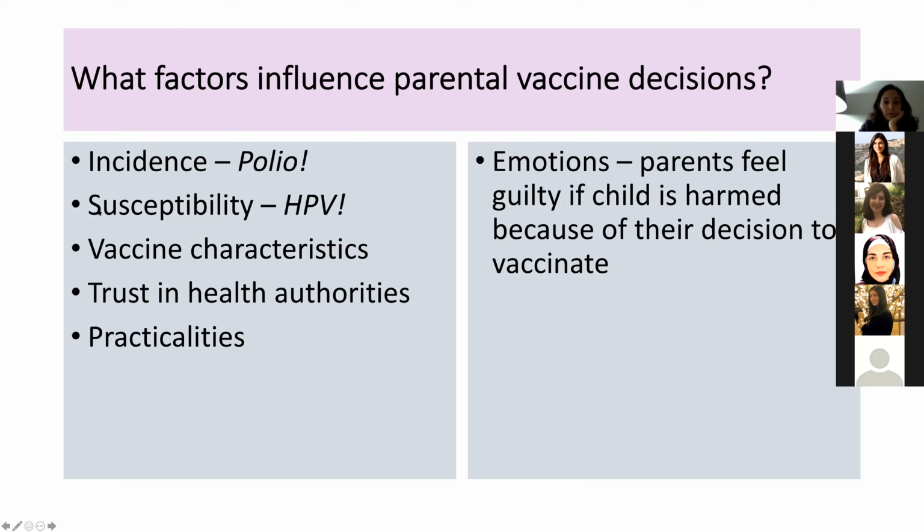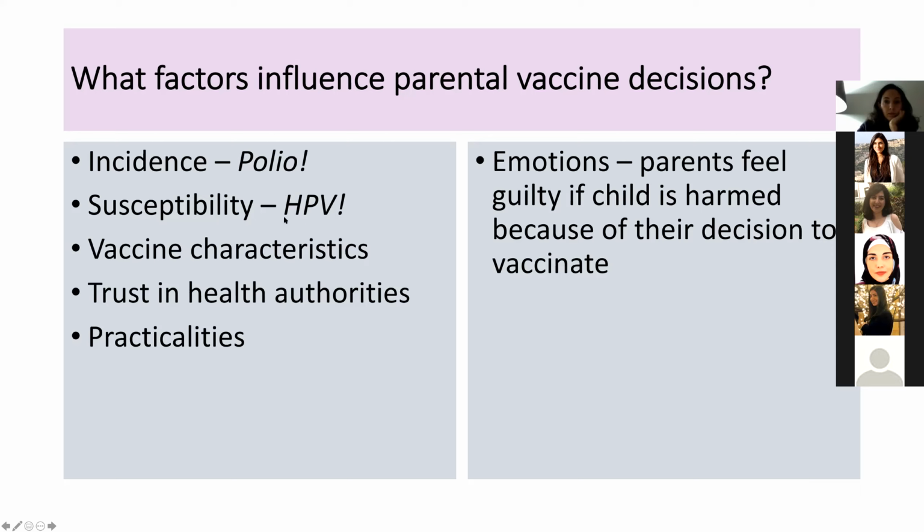The issue of susceptibility is also critical. If you think about the HPV vaccine, HPV, the human papillomavirus, is transmitted through sexual intercourse. And parents of children will refuse the HPV vaccine because they believe that, of course, my child is not susceptible to HPV.